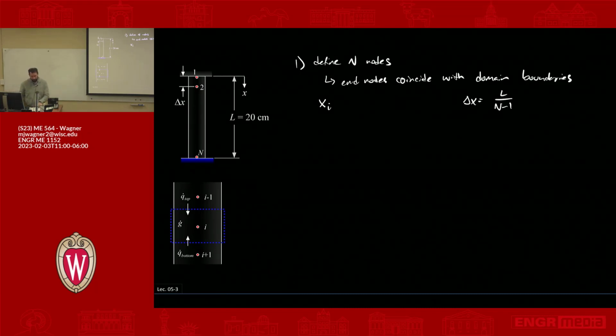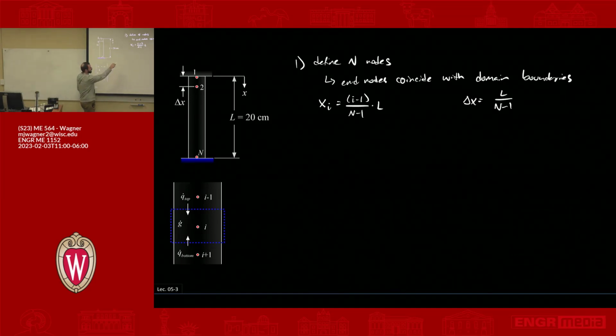Then the position of each node, x sub i, is (i minus 1) over (n minus 1) times L, or it's (i minus 1) times delta x equivalently. So why i minus 1? Look at what this is saying.